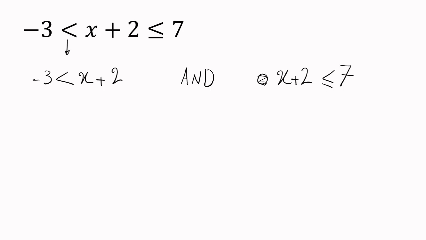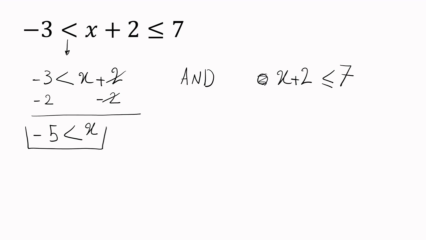The first one is solving each one of these inequalities separately. So I'm gonna subtract 2 from both sides. x is greater than -5. This is my first range. And again, I'm gonna add -2 to both sides. If I do that, x is less than or equal to 5.